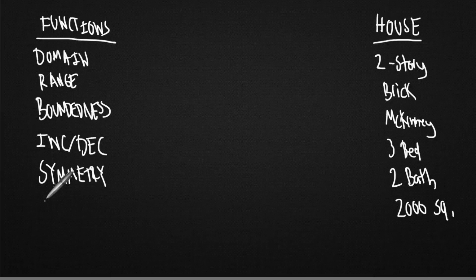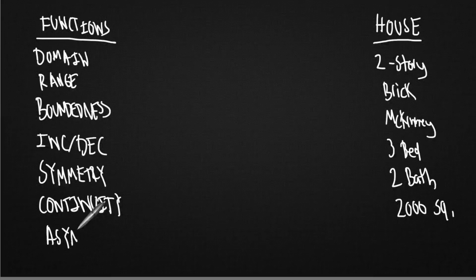It's continuous, or maybe it's not continuous, so we'll talk about a function's continuity. And we'll talk about whether it has asymptotes or not. So these and other things are going to be the ways that we can describe any function given to us, just like we would describe anything else. So let's get started with domain and range.